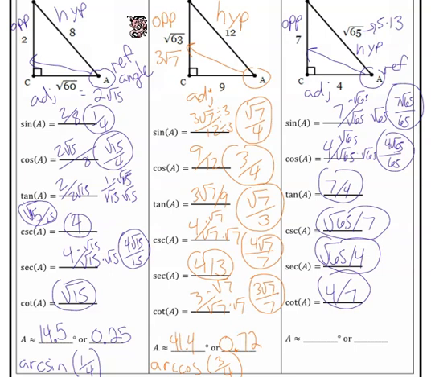To find the approximate value for A, let's go ahead and just do arc tangent of 7 over 4, which is about 60.3 degrees or 1.05 radians. Now, instead of arc tangent, you could do sine, for example.